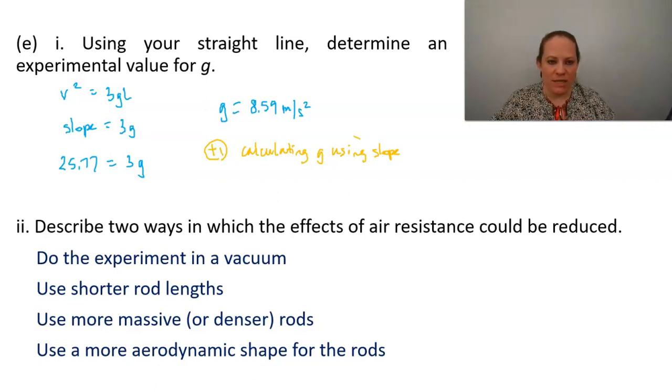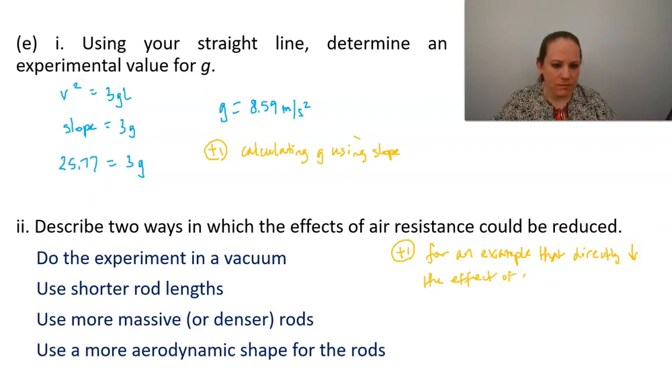And your points here, you get +1 for an example that directly decreases the effects of air resistance. That's key. It has to directly decrease the effect of air resistance.